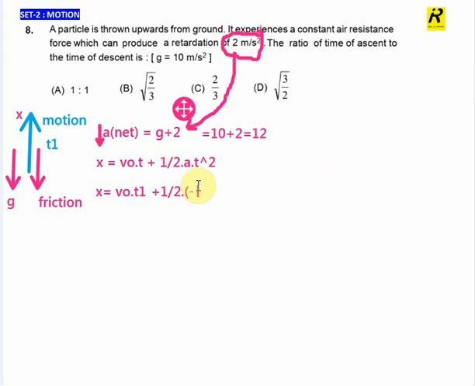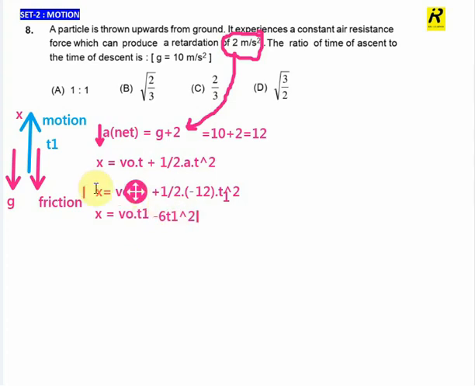So I put minus 12 here into t square. So now x equals v0 into T1, minus 6 T1 square, which we must write here.